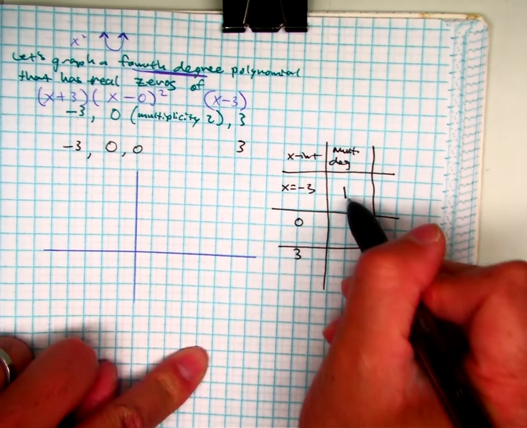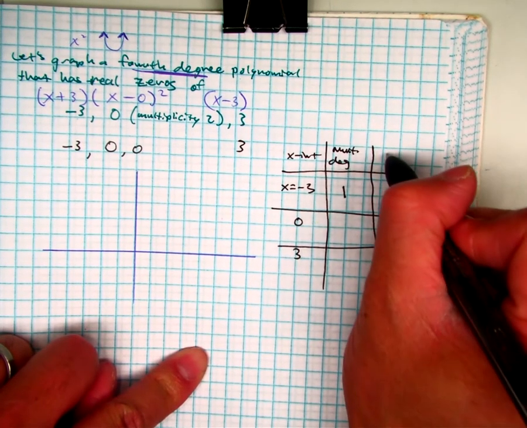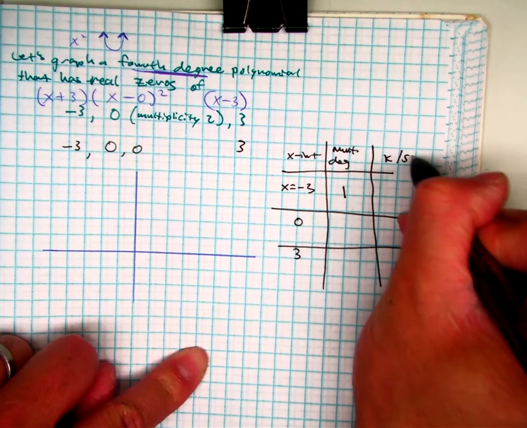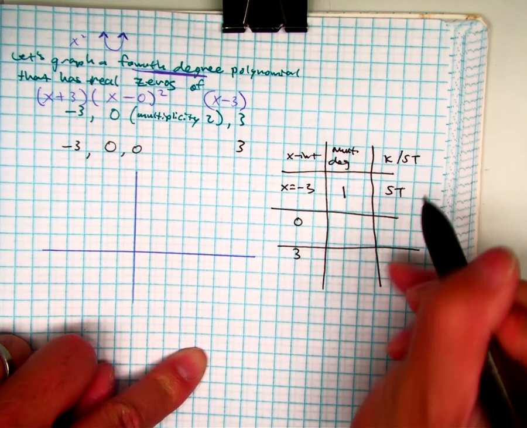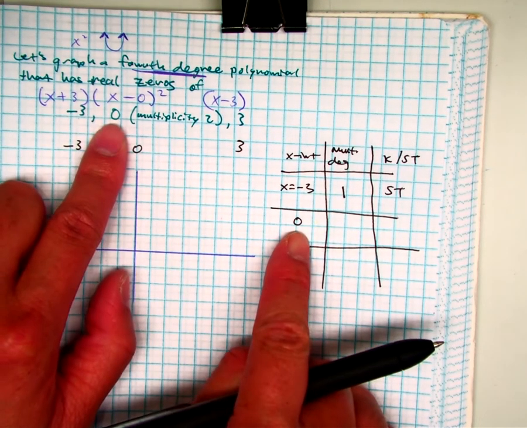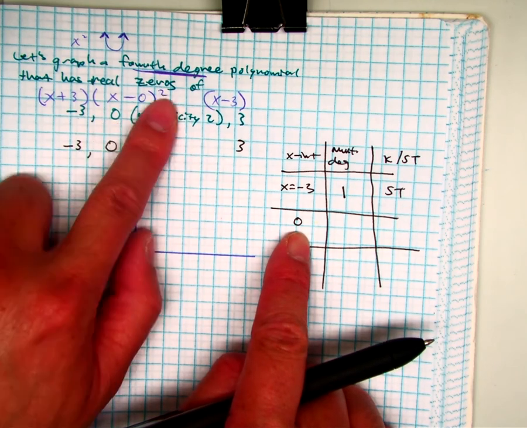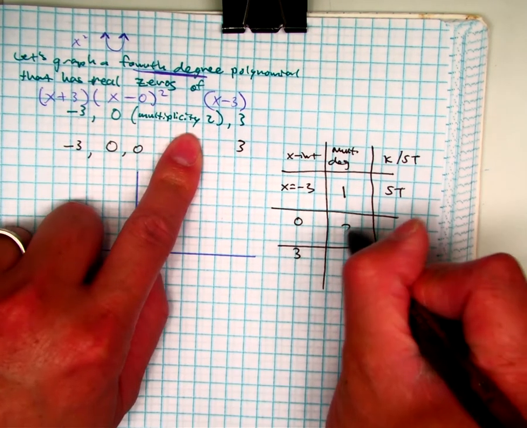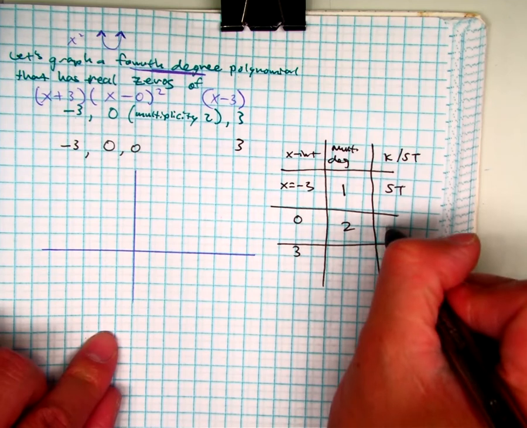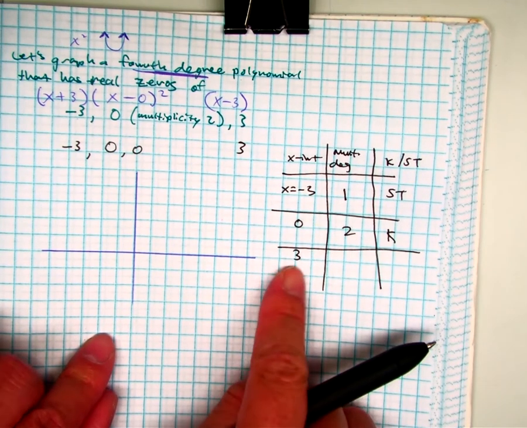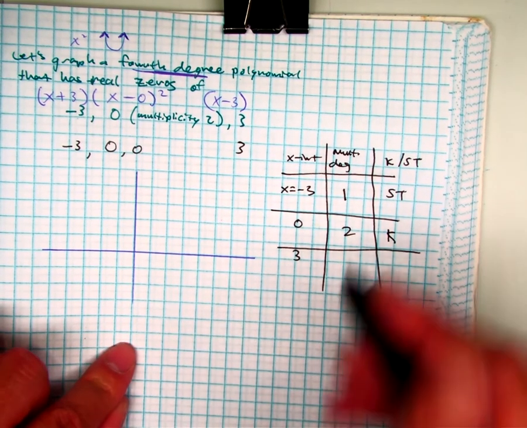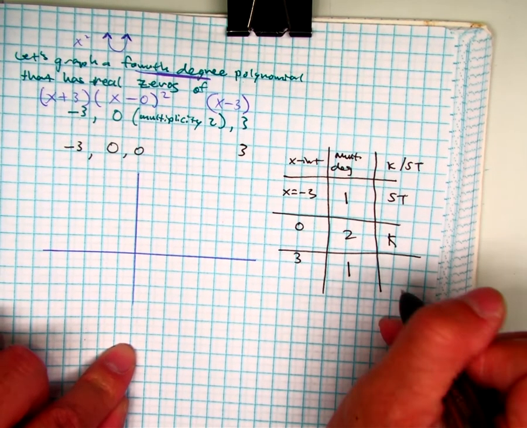Class, if it occurs one time, is that a kiss or a shoot through? At 0, its degree or multiplicity is what? 2. And it tells you 2. Kiss or shoot through? And 3, how many of those do we have? So is that shoot through or kiss?